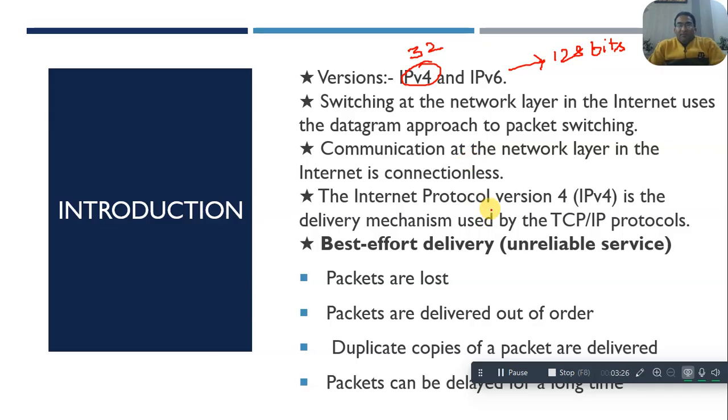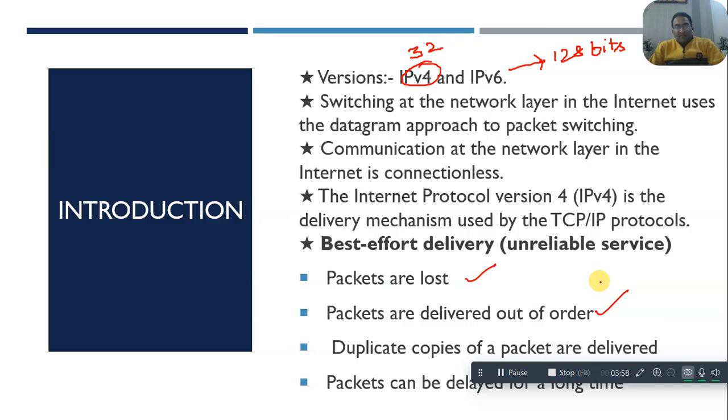And this IPv4 is the delivery mechanism which is used in the TCP/IP protocols. With the effort to deliver the packets in the best way, IPv4 has an unreliable service, because the packets can be lost. Packets can be out of order, because all the packets are not dedicated to one path; they are coming from multiple paths.